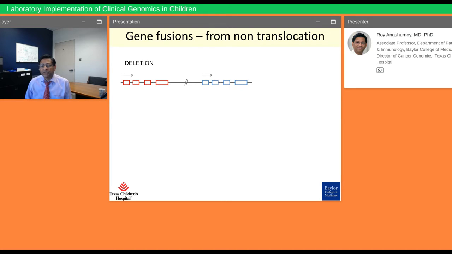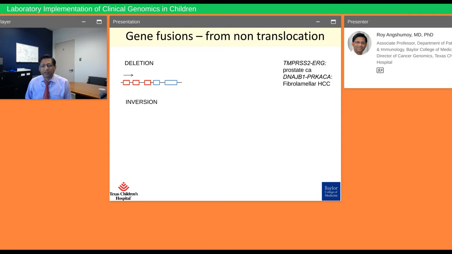A deletion can arise by one breakpoint within the red gene and one breakpoint within gene B. That deletion can lead to these two genes that are far away on the chromosome coming together and forming a chimeric gene. There are several known examples of this now. I've given two examples over here: TMPRSS2-ERG in prostate cancer and DNAJB1-PRKACA in fibrolamellar hepatocellular cancer.